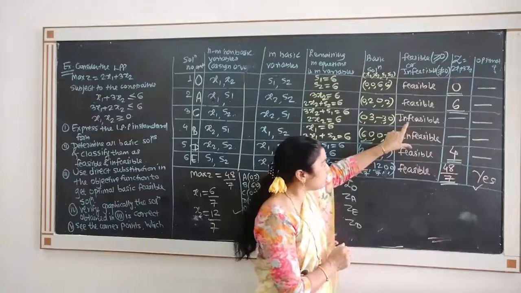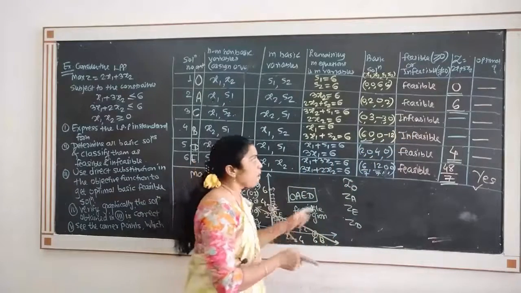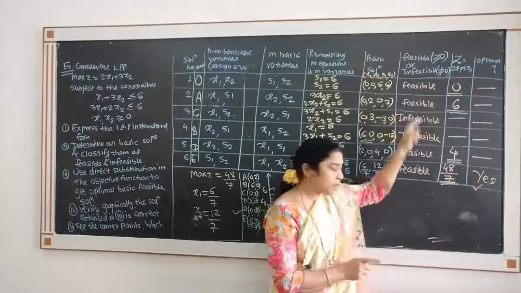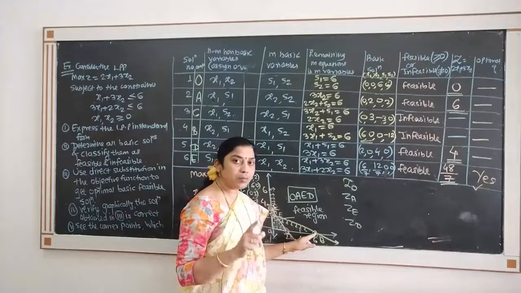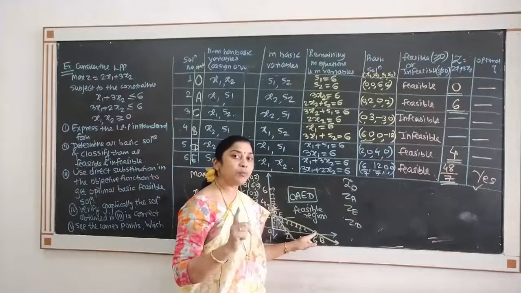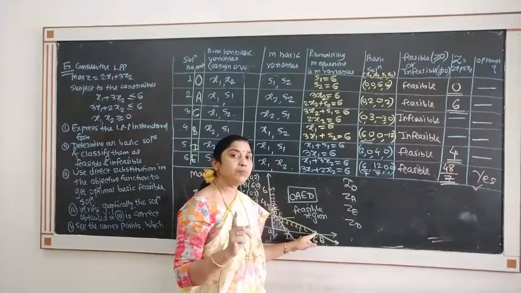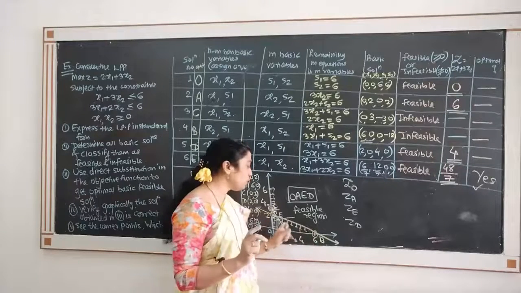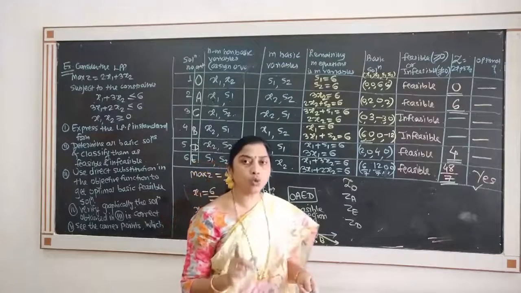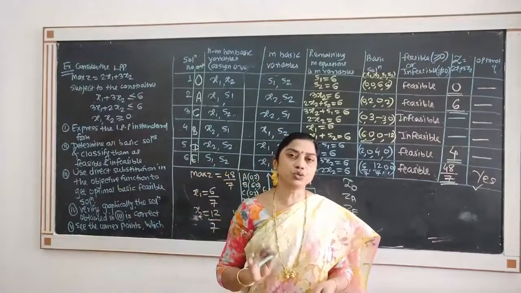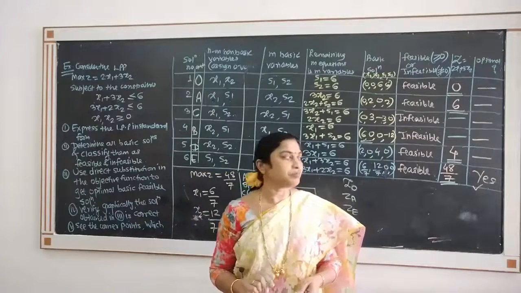And hence, we see that the feasible region gives us feasible solutions. But the corner points which do not represent the corner points of the feasible region give us infeasible solutions. So on the graph, the infeasible solutions are given by those corner points which do not represent the feasible region of the LPP.